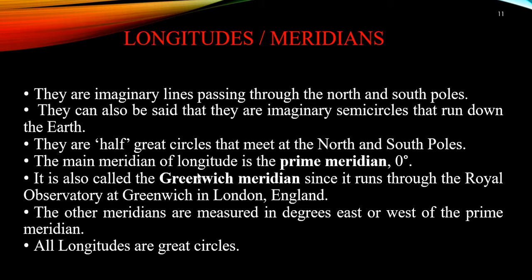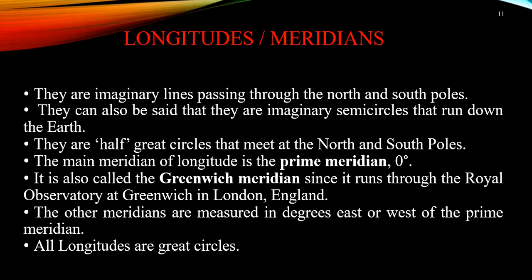The main meridian of longitude is the prime meridian, 0 degrees. It is also called the Greenwich meridian, since it runs through the Royal Observatory at Greenwich in London, England. That is very key, because remember, longitudes help us in calculating time.